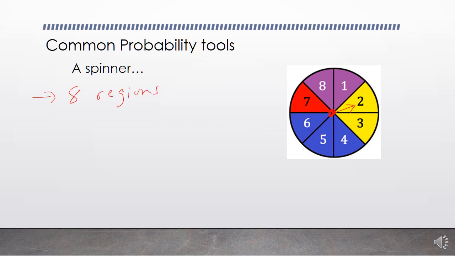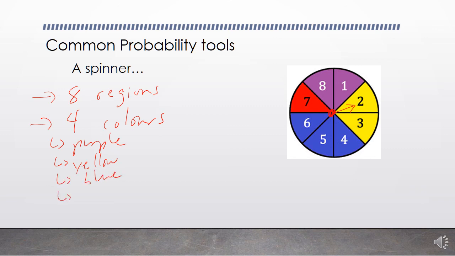You could just count them. It has 4 colors: purple, yellow, blue, and red. And it has numbers on them, but that doesn't really matter, because we can include that in the regions.